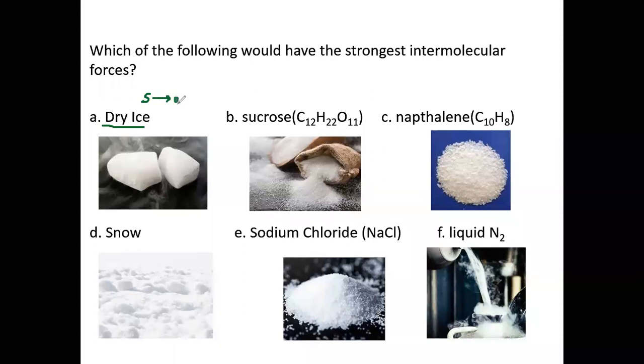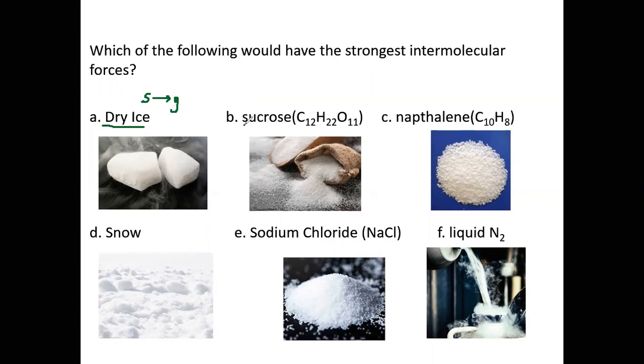And remember that in the previous lecture talking about phase changes, when something has very weak attractive forces, it's going to go directly from a solid to a gas, sublimation. And so at room temperature, at normal pressures, of course, CO2 exists as a gas. So here are very weak intermolecular forces for dry ice, because again, it's going to go directly from a solid to a gas.